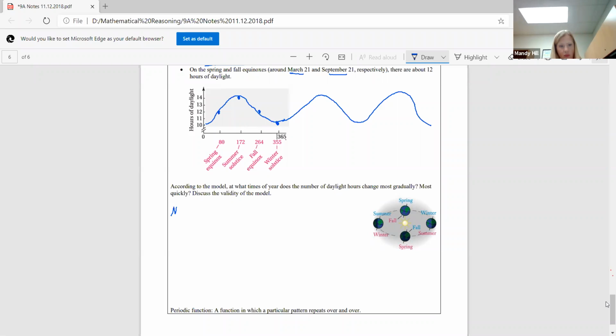So at the summer and winter solstice is when it is going to vary most gradually.